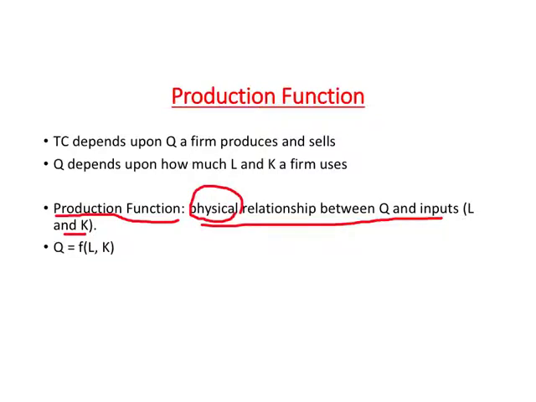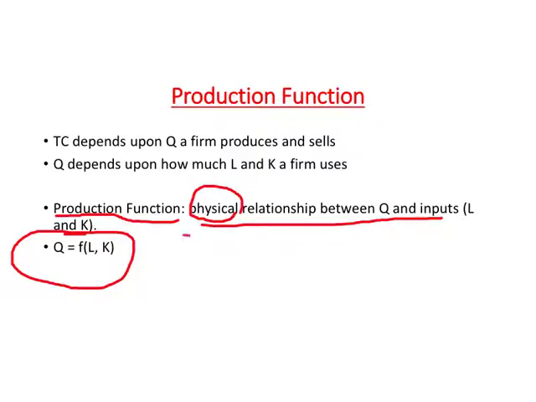How many machines, how many workers we require, say, to produce 100 shirts, and things of that nature. And this production function can be represented in a compact fashion like this, where Q is a function denoted by f of labor and capital.